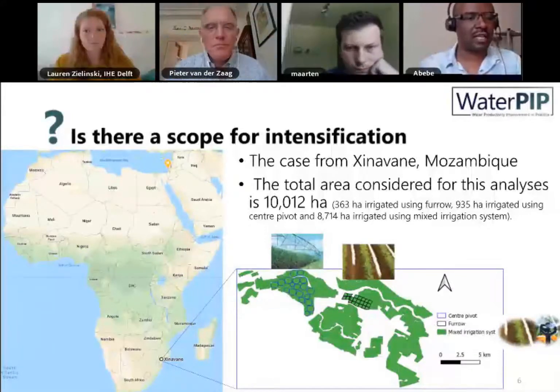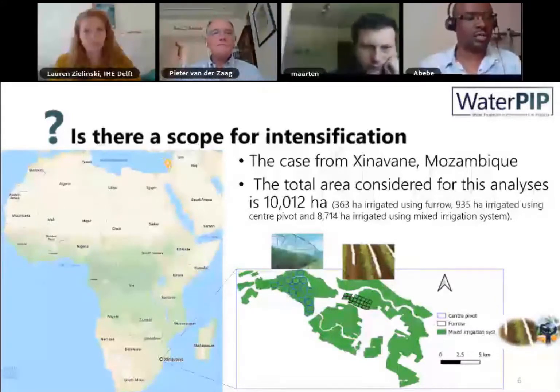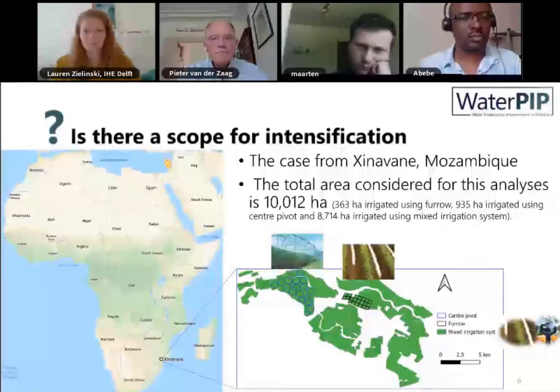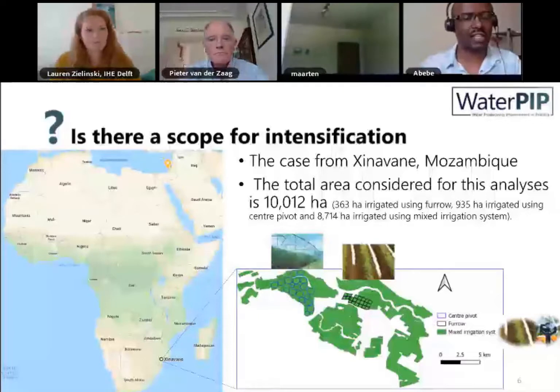For that, I zoom into one of the sugarcane producing countries and a scheme called Sinavana in Mozambique, and I will focus only on about 10,000 hectares of that Sinavana sugarcane plantation. This name has already appeared in our previous webinars, so it should be a very famous name, Sinavana.